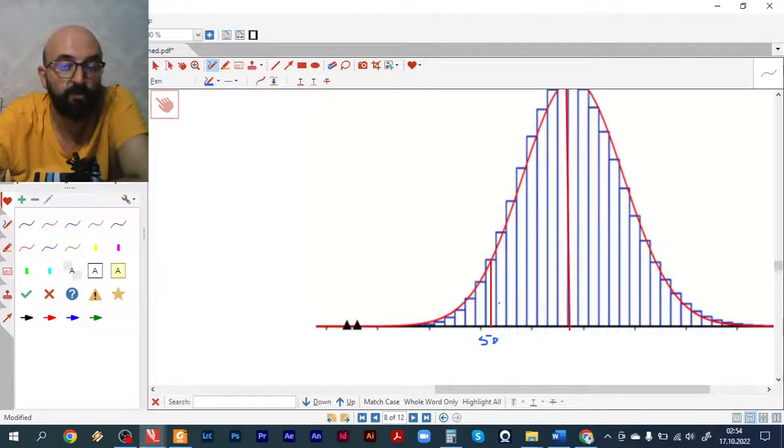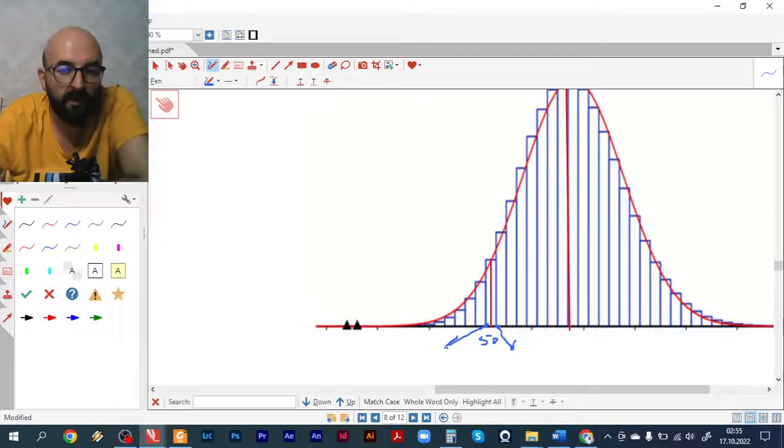But we want to figure it out by using a normal distribution. So we should use the boundaries of the rectangle, these bounds and these bounds.